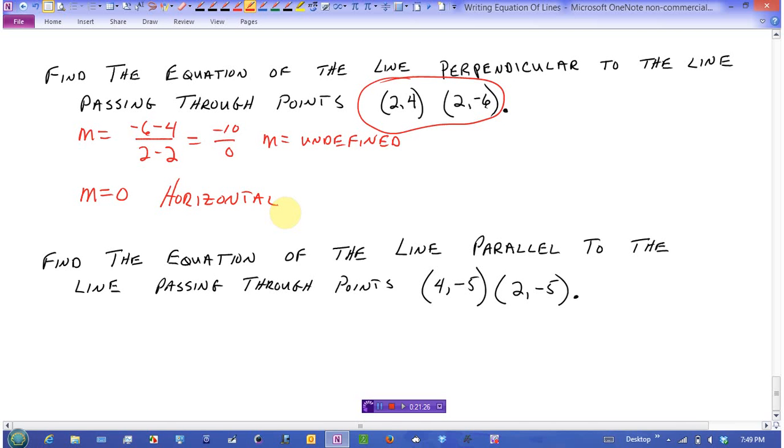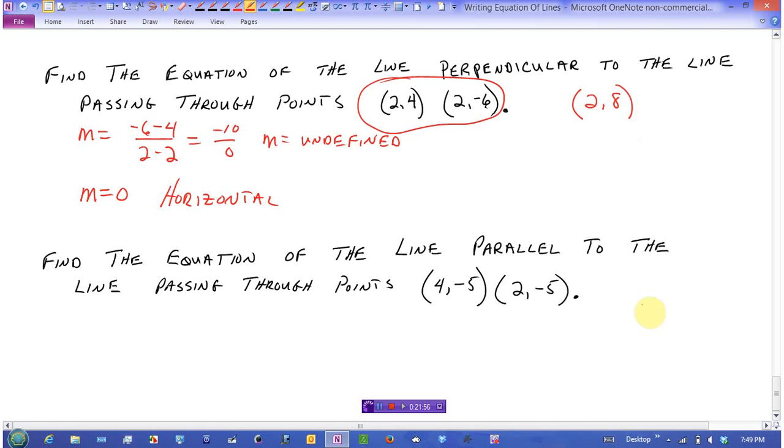So if I have a horizontal line that is perpendicular to this line, it's got to be passing through one of those 2 points. So actually I left a little piece off of here. If it's passing through these 2 points, I would actually need another point that my line passes through. So let's say that my line passes through the point (2, 8).